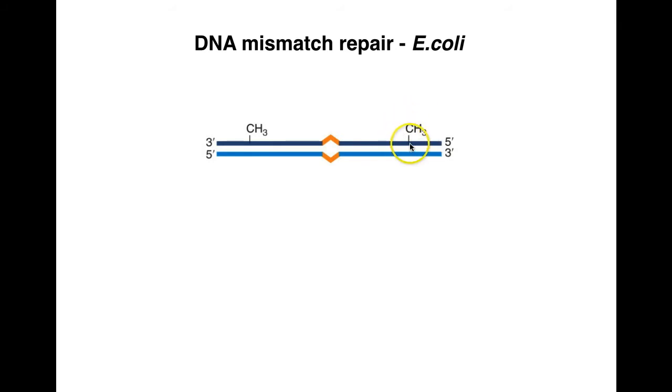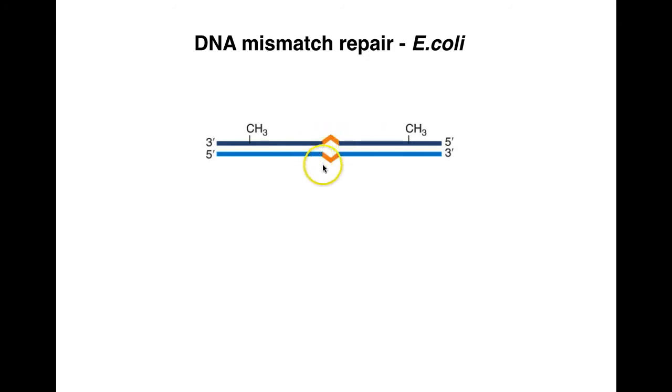The methylation is added specifically at GATC sites by deoxyadenosine methylase. So as the new strand is being synthesized, it will eventually be methylated, but this methylation activity follows the synthesis activity by about 2 minutes, which I think is funny. But it is about 2 minutes.